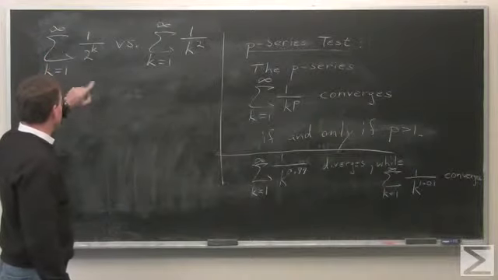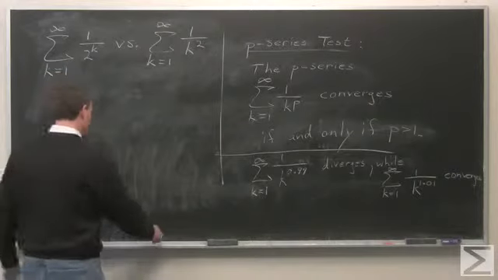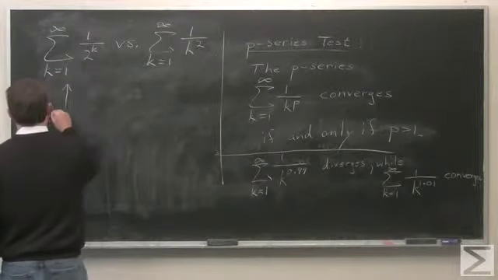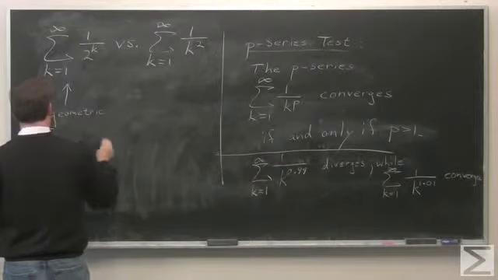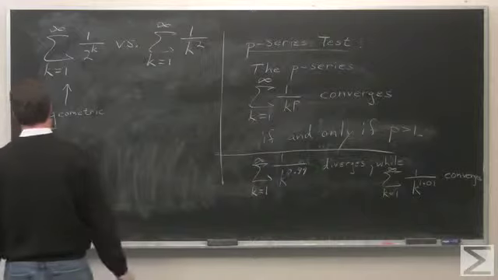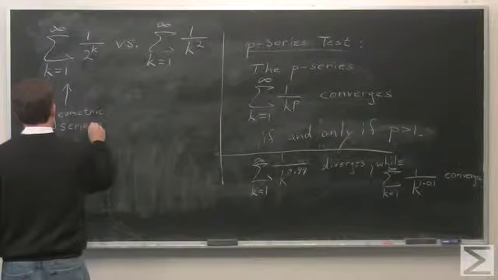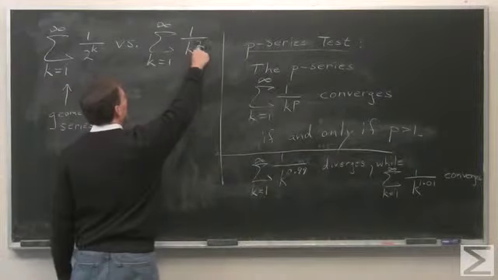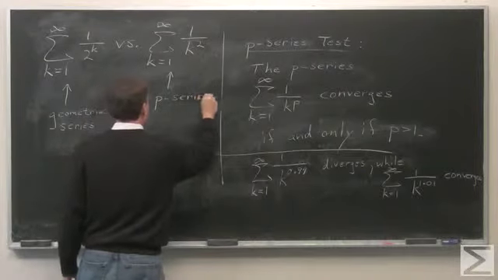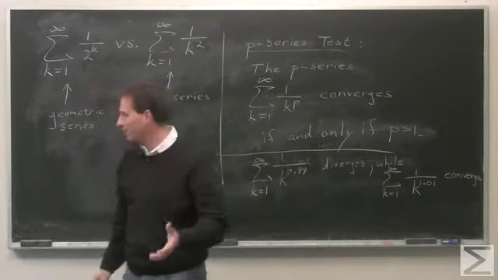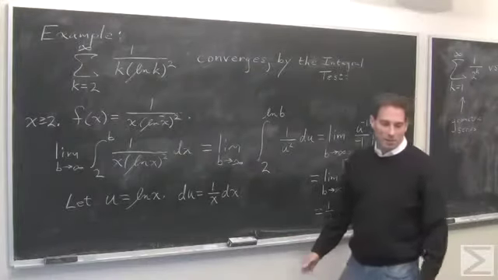Don't confuse these. Here, this is a geometric series. So this one is geometric. And it's another way that 1 comes in. Geometric series converge if and only if the r involved in the geometric series, the ratio of one term to the next, has absolute value less than 1. This, though, where the base is variable but the exponent is fixed, is a p-series. It is important to keep these straight even though they look the same. This is a warning. People confuse those all the time. Don't be one of those people. All right.